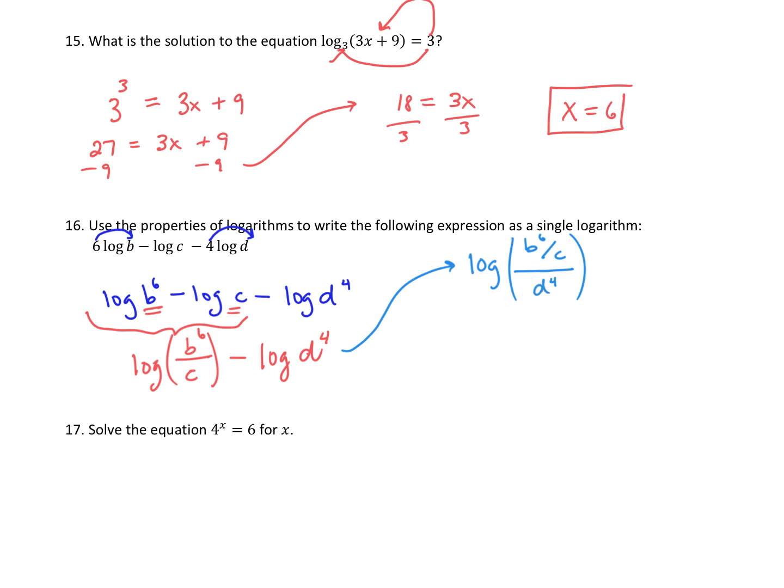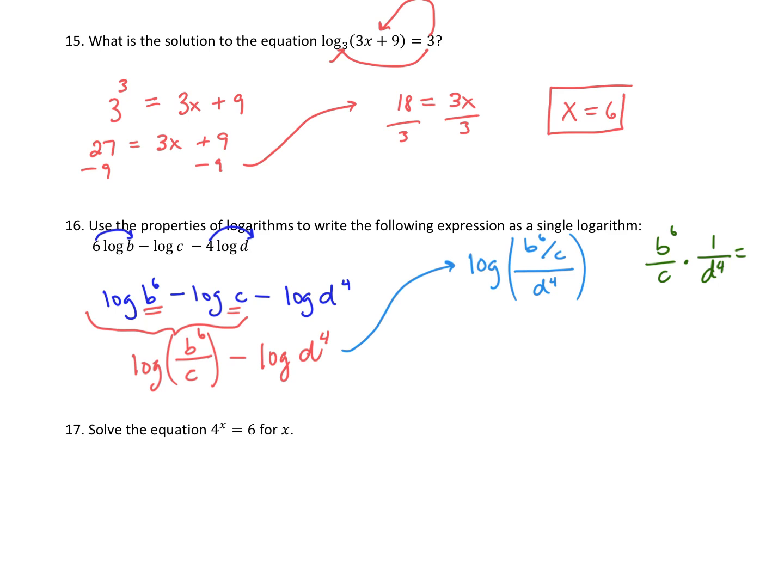So let's just think about how we can simplify that fraction, and then we'll have a nice final answer. So that fraction, we have a fraction b to the 6 over c, and we're dividing it by d to the 4th. So instead of dividing by d to the 4th, when you divide fractions, you can multiply by the reciprocal. The reciprocal of d to the 4th is 1 over d to the 4th.